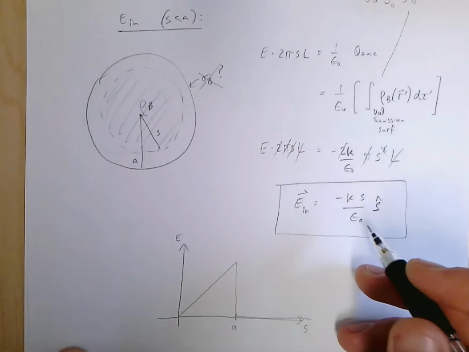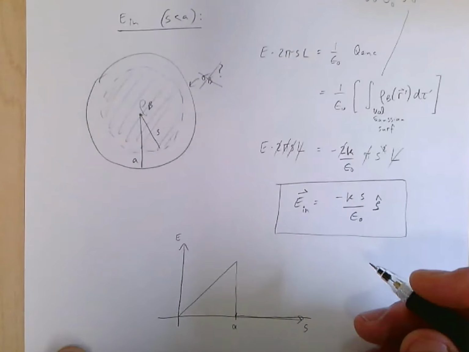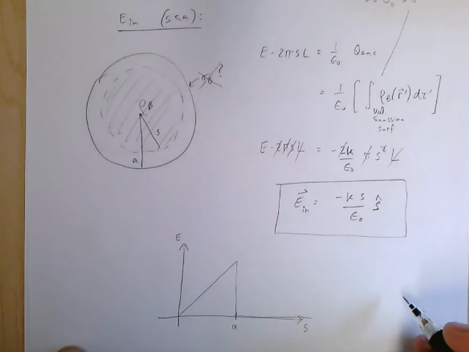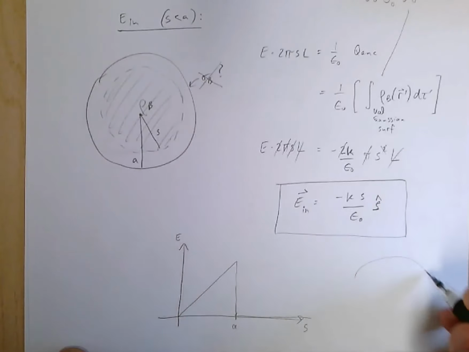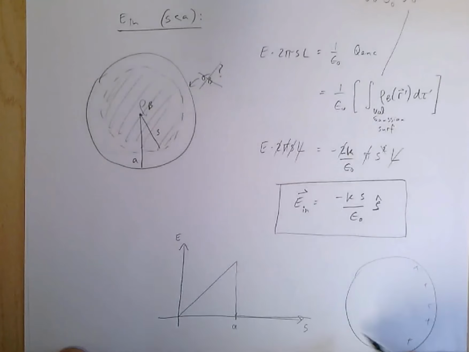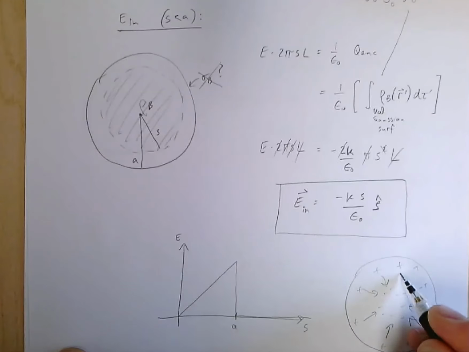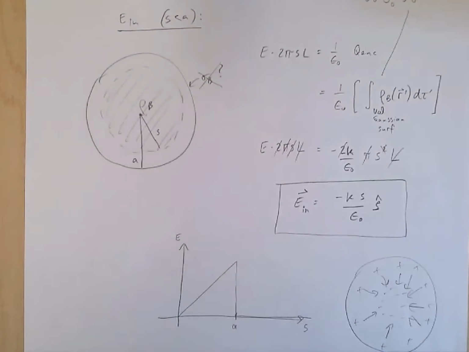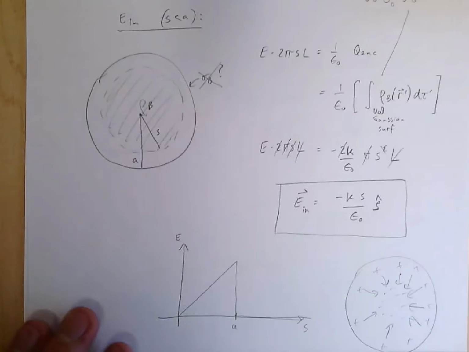Which is surprising, and I wasn't expecting it, but it kind of makes sense if you have more charges laying around the outside of things. If I make this a really simplified picture, and I say a bunch of negative charges closer to the inside, well, I would expect the electric field to point inward here, not outward. So I guess it makes sense somehow.